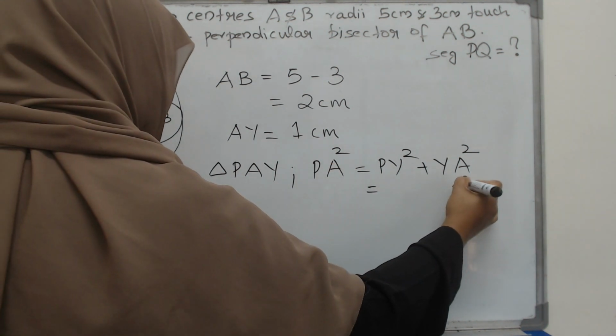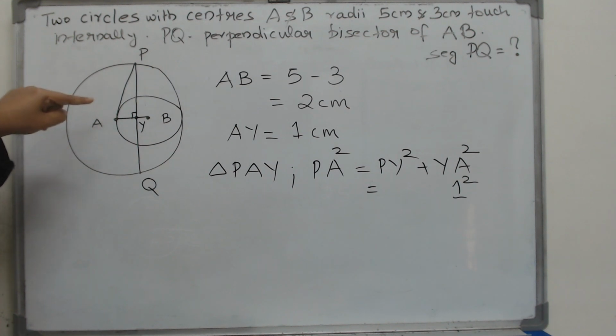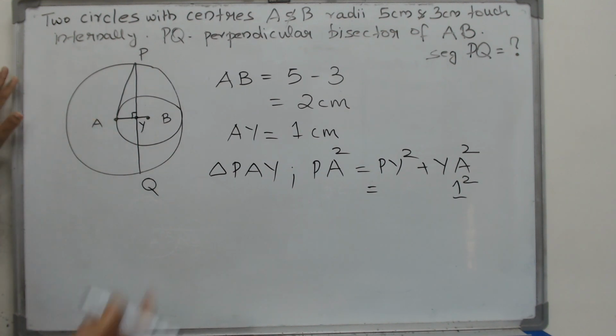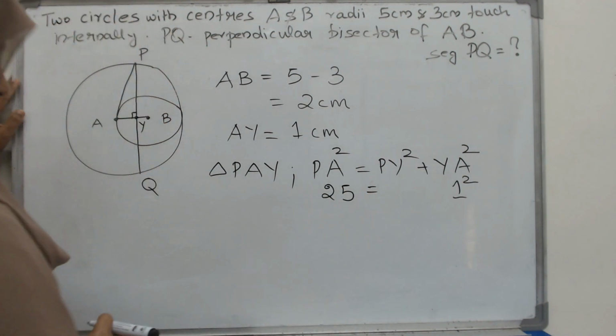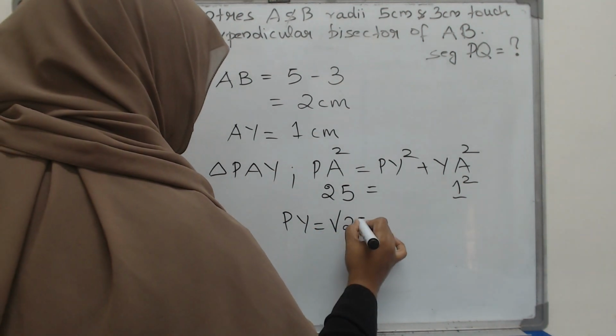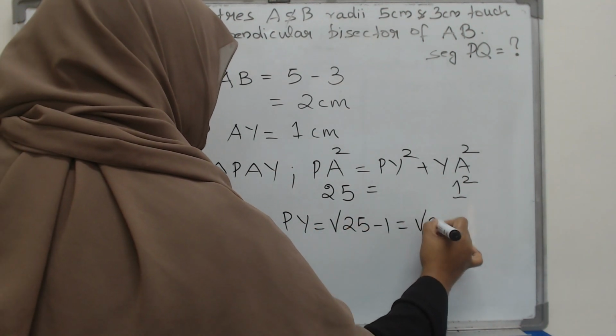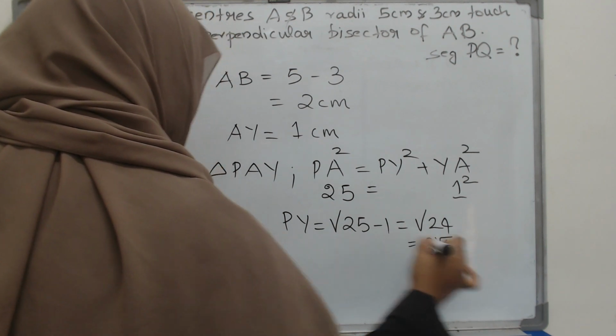It is 1 centimeter. What is PA? PA is the radius of the bigger circle, which is what? It is 5 centimeters, right? Its square, you will have 25 centimeters. Then what is PY? It will be square root of 25 minus 1, which is square root of 24, which is equal to 2 root 6.